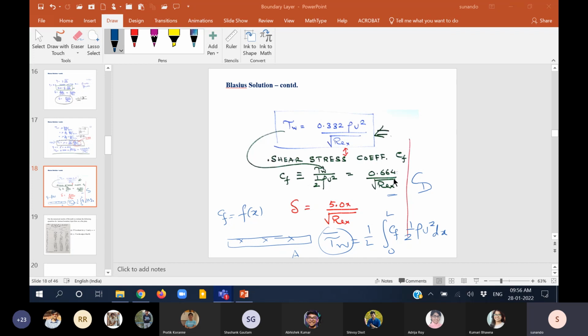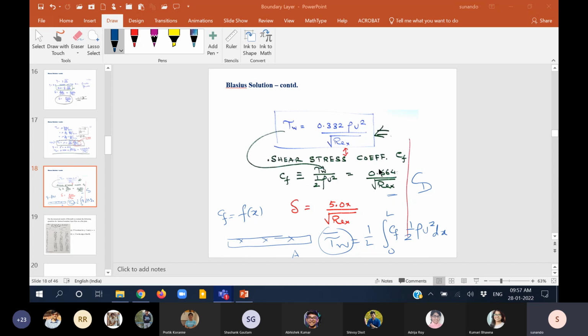So therefore, the friction coefficient can be calculated as a function of Reynolds number. It can be graphically represented as a function of Reynolds number, something similar to what you have done in Moody's diagram. So this friction factor has this form.